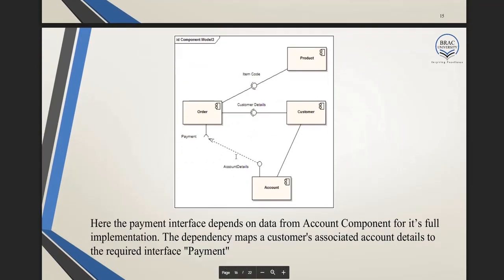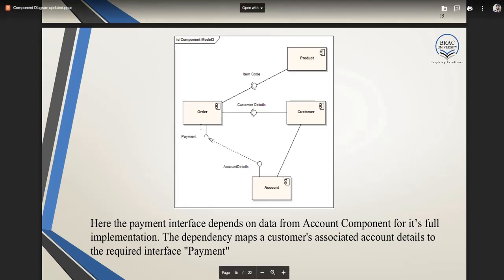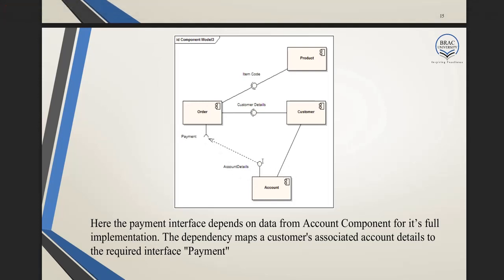Here is another example where we have an account component and an order component. Over here, the account component provides account detail related information or data to the payment interface.